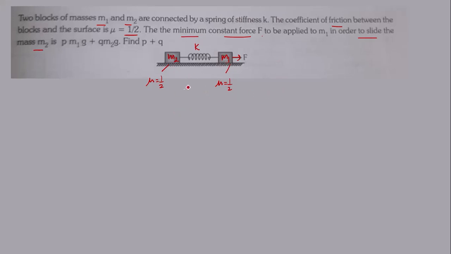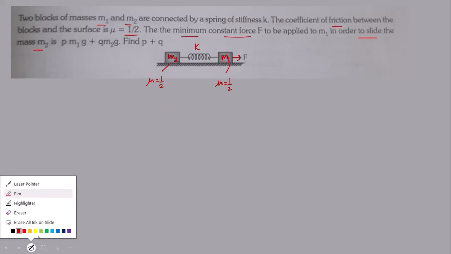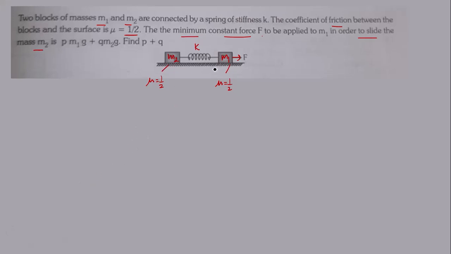First of all, let us find the minimum force required for M2 to be pulled. If I draw the free body of M2, the only force that can pull M2 is the spring force, say Kx0, when the spring is elongated by a distance x0. Only then may M2 start to move, so it should equal the friction force, which is half times m2g.